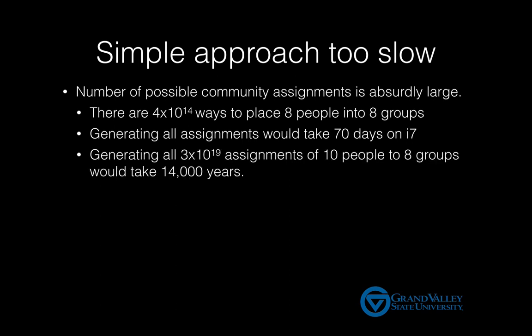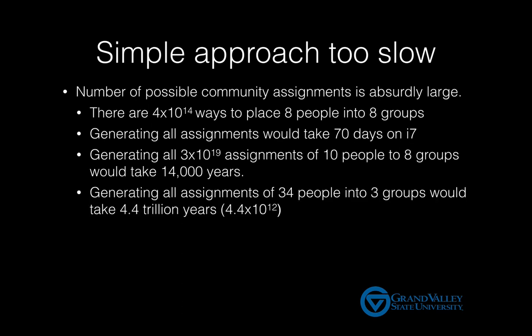Increasing the number of people from 8 to 10 would increase the time to 14,000 years. And analyzing a real-world data set, for example, the 34-person karate data set that's referenced frequently in the literature, would require 4.4 trillion years. So a simple brute force attack like this isn't going to do us much good in general.